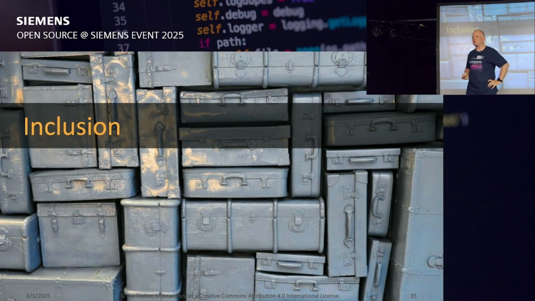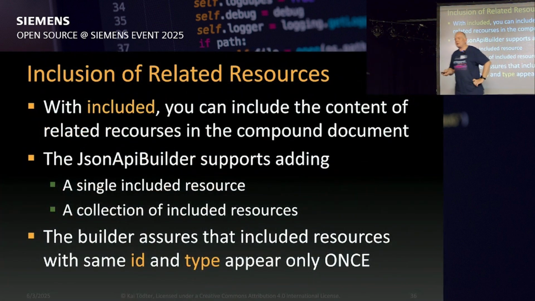This is called inclusion. And this is a good thing because you now have very fine-grained access to which data of which resources you want to include in a response. And the good thing here is what I mentioned: we can make sure that a REST resource with the same ID and type only occurs once in a huge compound resource.